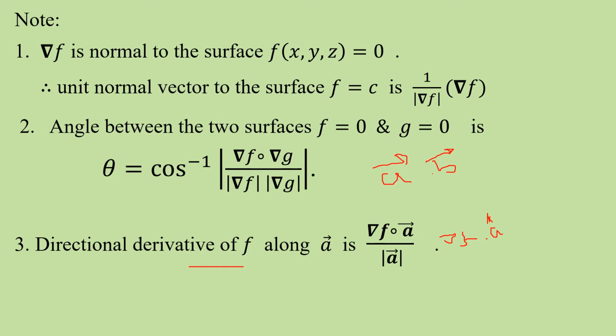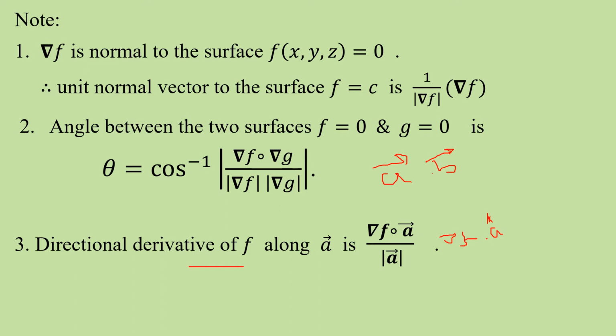So del f dot a cap is magnitude of del f into magnitude of a cap into cos theta. So the directional derivative of f is maximum when cos takes the maximum value, that is at theta equal to 0, cos 0 is 1. That means they are coinciding, so the vector a coincides with del f itself.